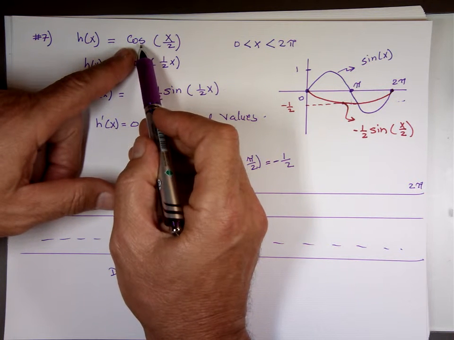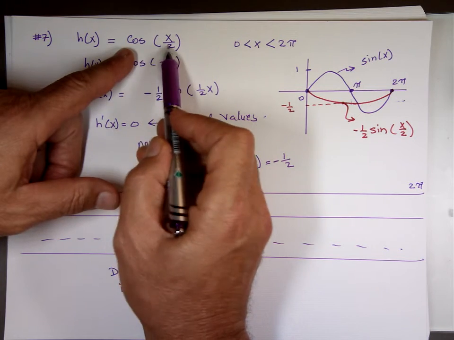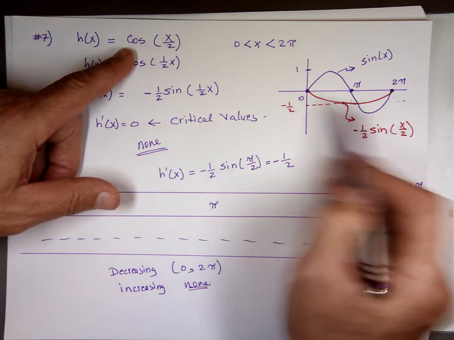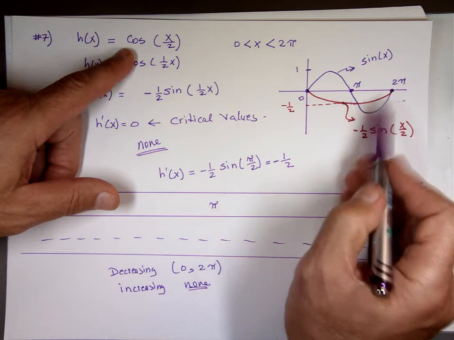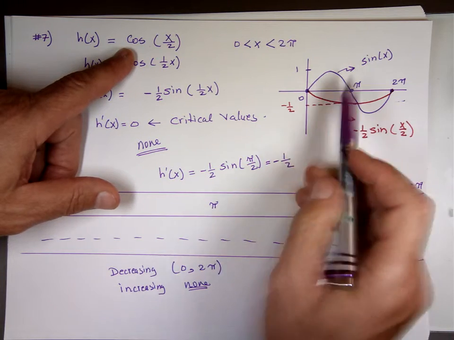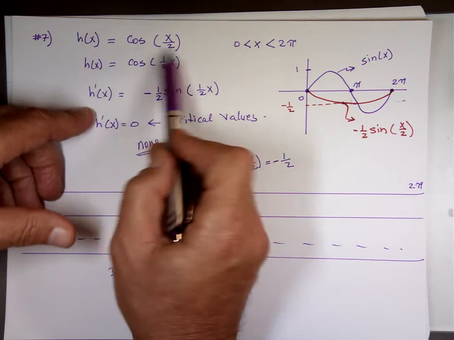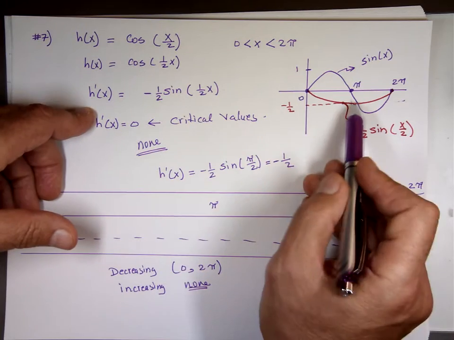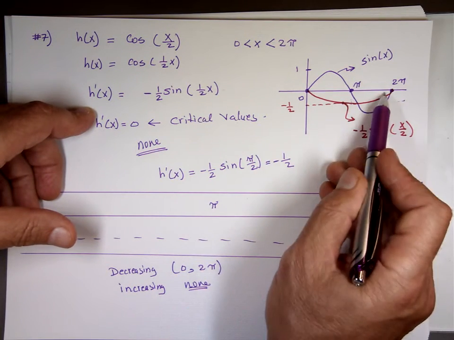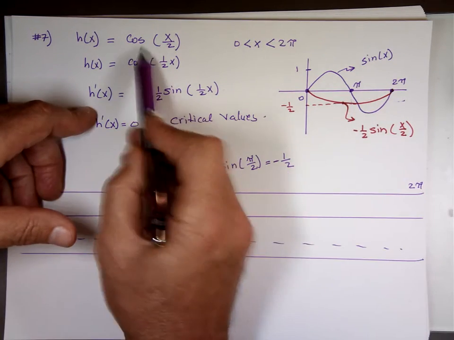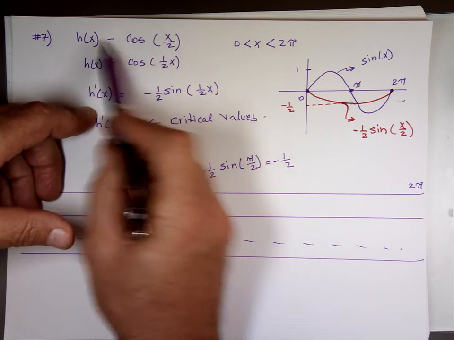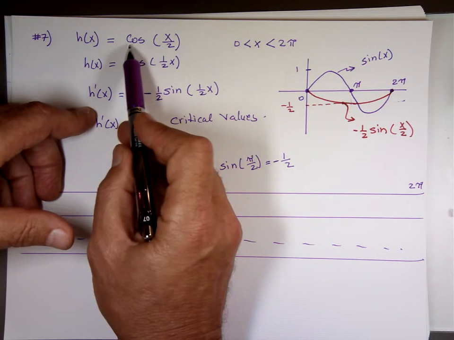Where is the function increasing and decreasing? I'm just showing you what the sine looks like, but that's not what you're graphing. This is the sine. We're talking about the cosine. Where is the cosine increasing and decreasing?